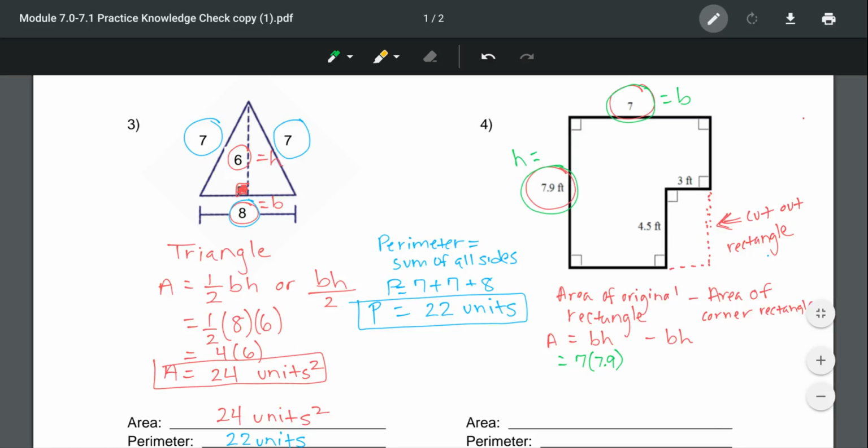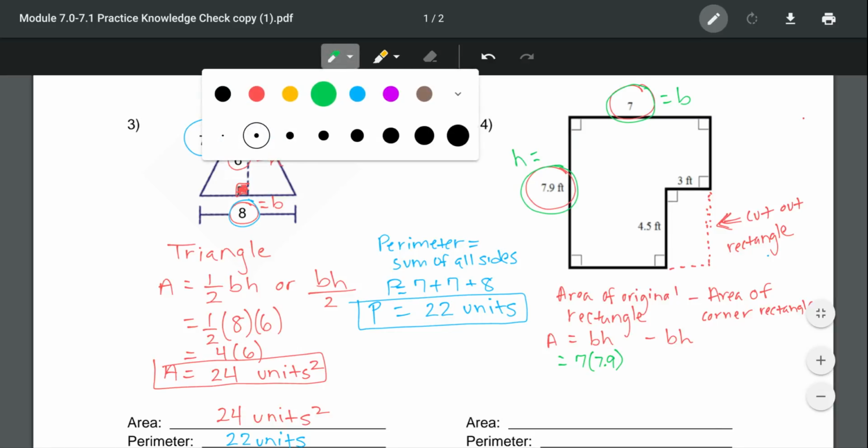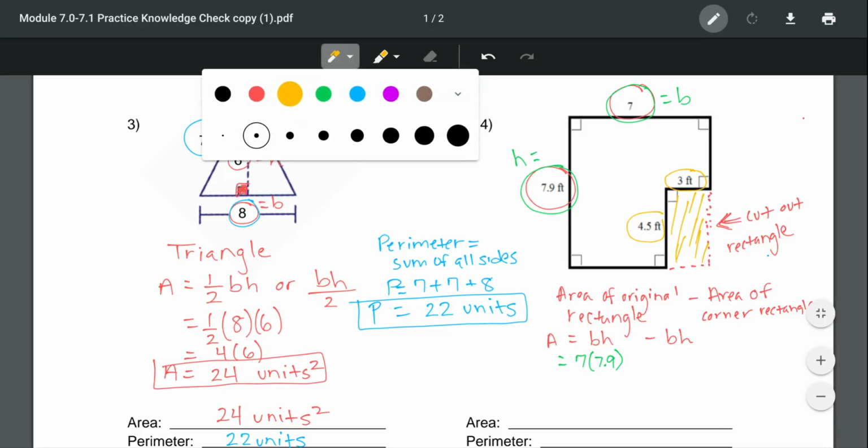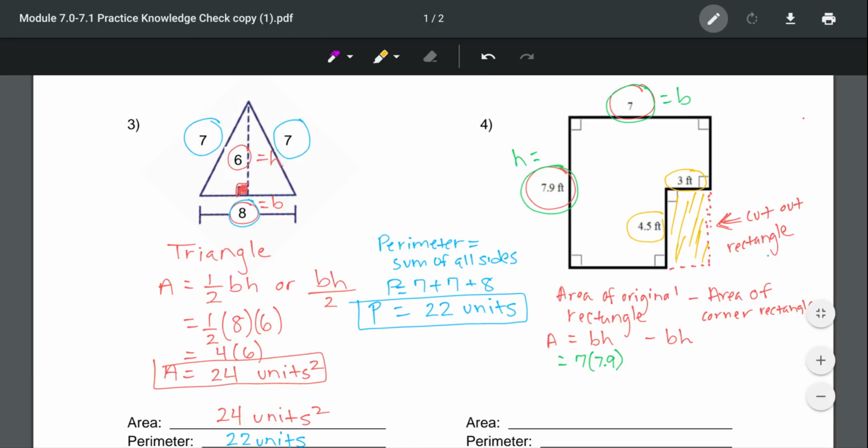Okay, and now for this area that's been cut out, if you look at the dimensions, the height would be 4.5 and the base would be 3. So I'm going to plug those dimensions in. So minus 3 times 4.5.